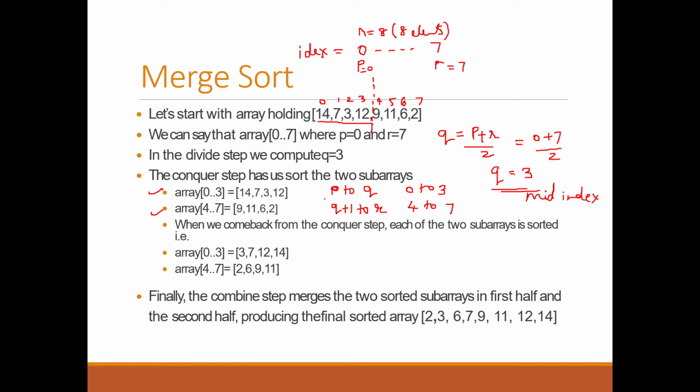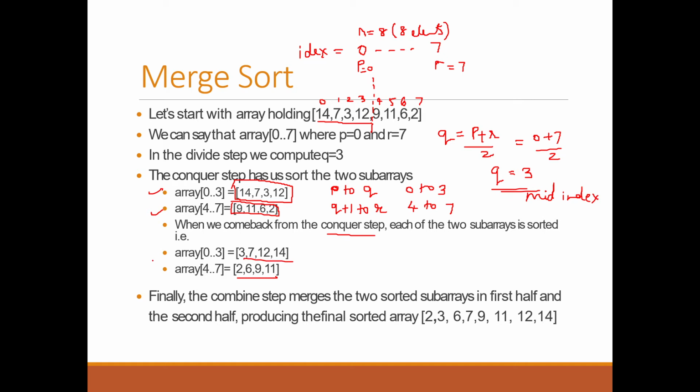Although we don't stop here in MergeSort, let us see by some method that we are dividing it further, and later on in the conquer step we will be sorting these sub arrays. So sub array 1 is sorted by applying a sorting algorithm, and this becomes 3, 7, 12, 14, and then the second sub array is also sorted.